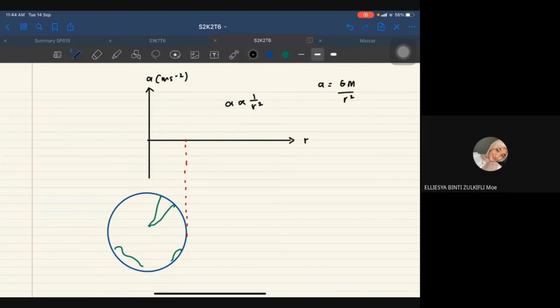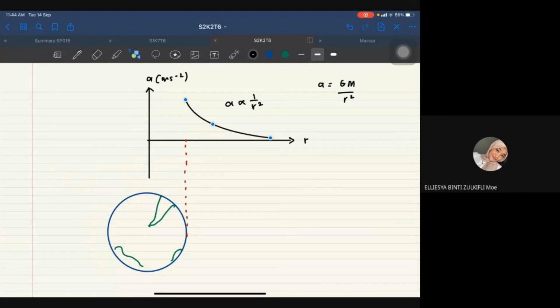Okay, better tu. So, kalau kamu nak lukis graph dia, graph bentuk apa ni? Kalau 1/r square. You can tell me. It's a quadratic, it's inverse. Something like that. Okay, and in fact, as it goes further, it goes towards the 0.